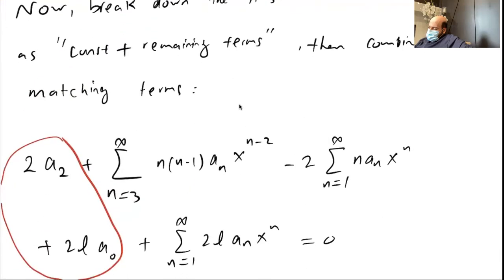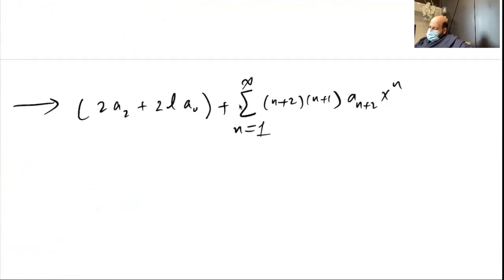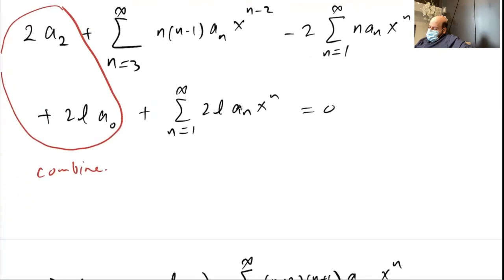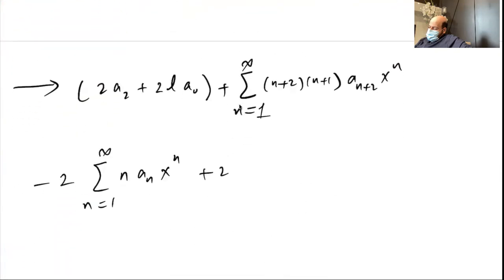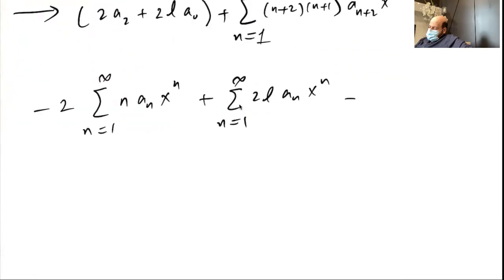And then minus 2 times sigma n a n x to the power n from 1 to infinity. And then this sigma plus 2l a n x to the power n from 1 to infinity equals 0.